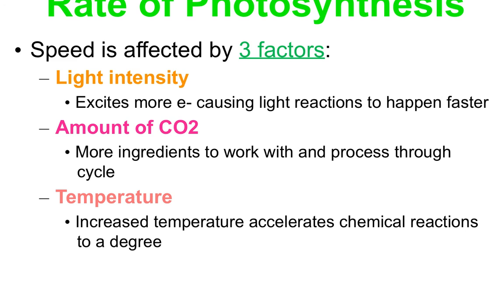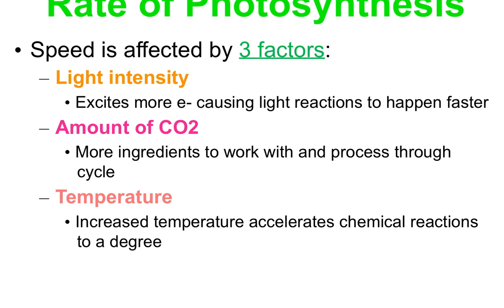And so by increasing CO2, you have lots more stuff to increase the rate of photosynthesis. You can also have temperature, because temperature in general just increases the likelihood that these molecules will collide, and it'll accelerate their collision process, increasing the overall chances that they will come in contact with one another and increase the chemical reaction.